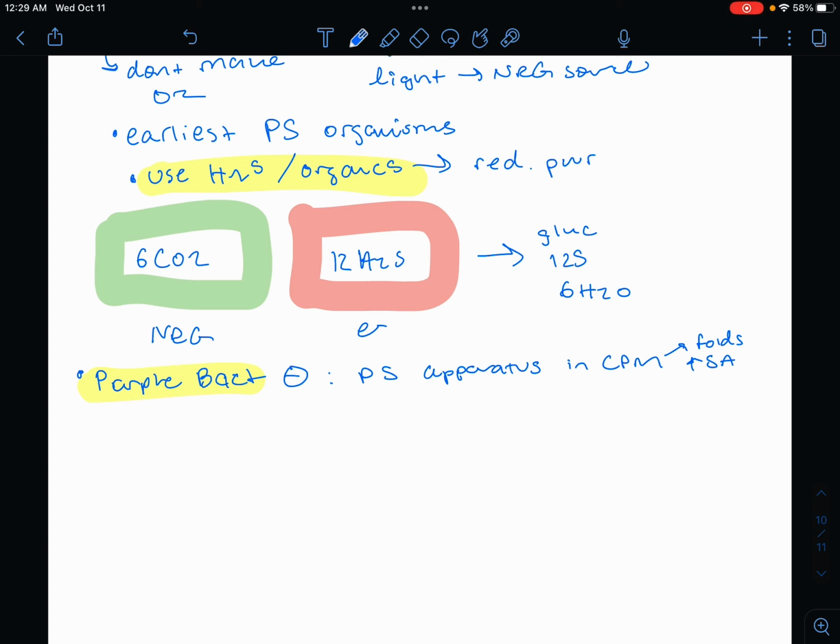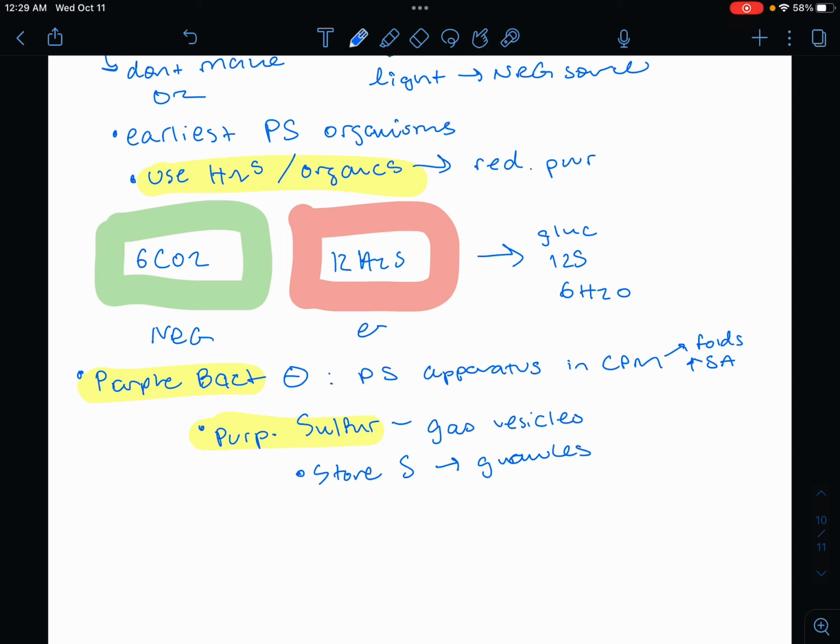Okay, so we also have purple sulfur bacteria. And these will actually have gas vesicles for them to adjust the light or control their depth. And they're going to store sulfur in granules.